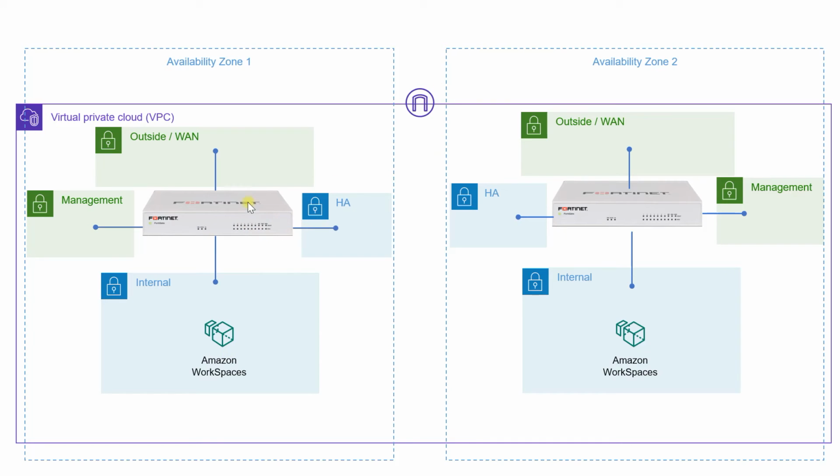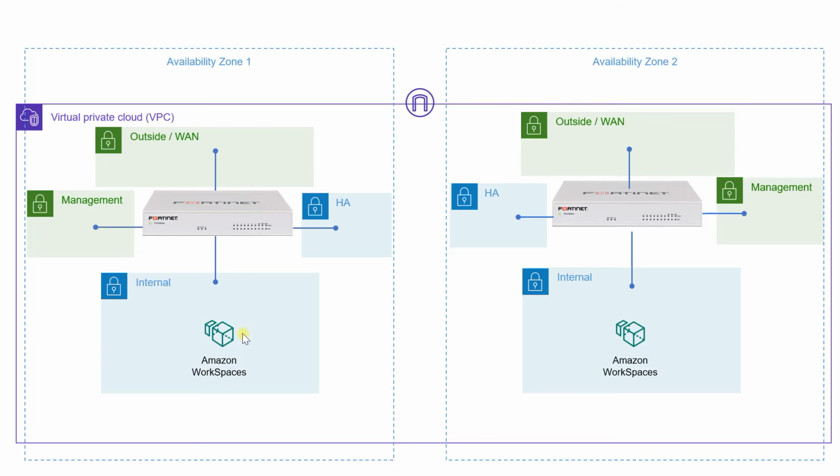Once it is down, it will automatically send the traffic to this internal interface, because the relevant routing table will be changed towards this one. Also, the public interface will be changed to this one. So the traffic will pass through the secondary firewall.